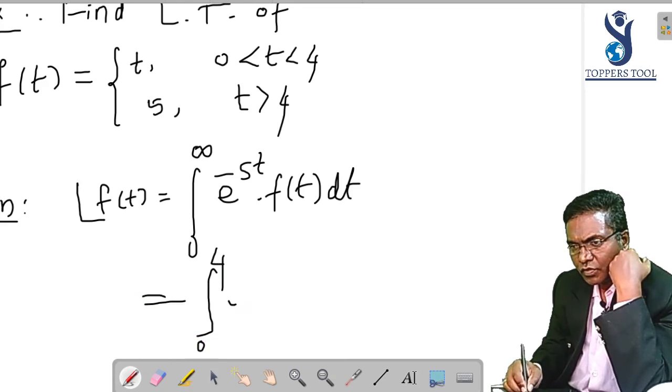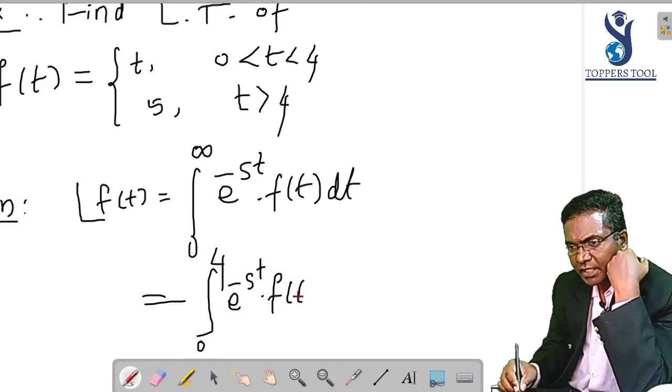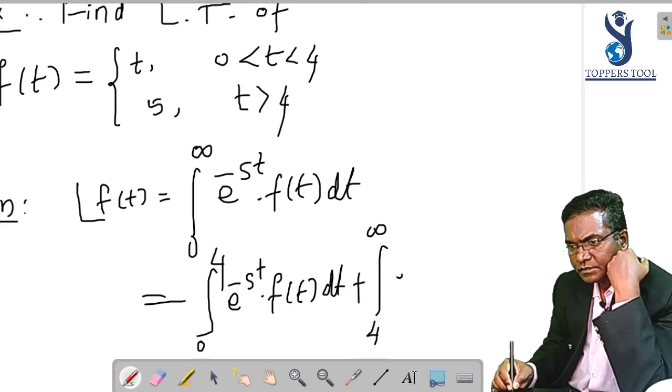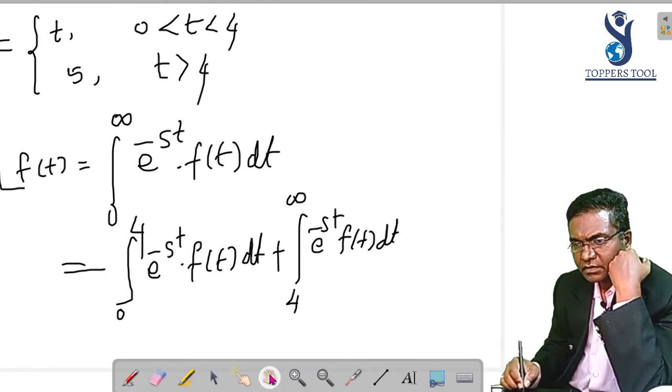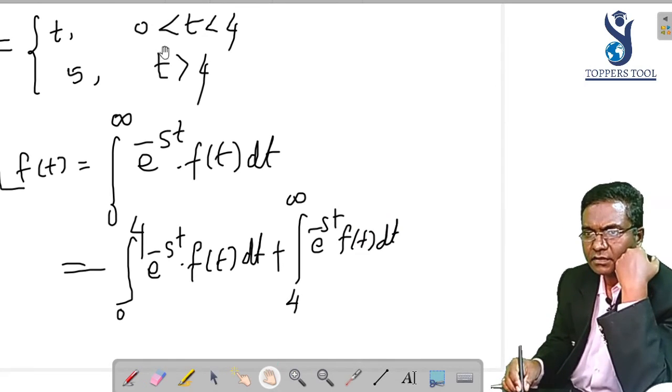So 0 to 4 e power minus st into f of t dt plus 4 to infinity e power minus st into f of t dt. Okay. Now substitute f of t in this interval.